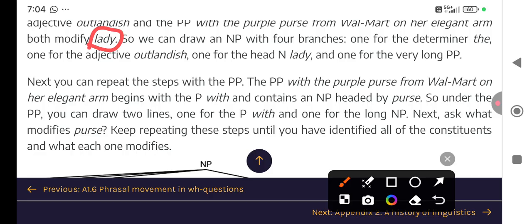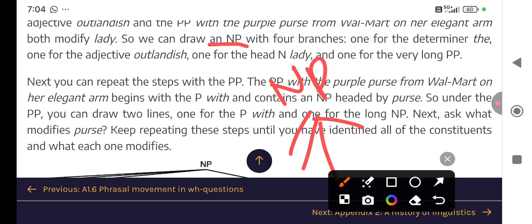So we can draw an NP with four branches, right? Noun phrase with four branches: one for the determiner, one for the adjective outlandish, right?